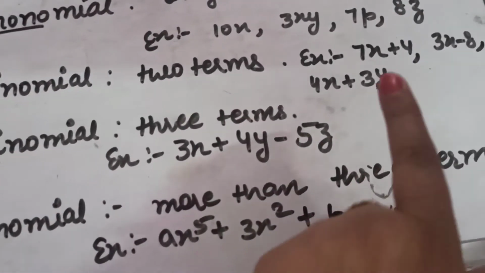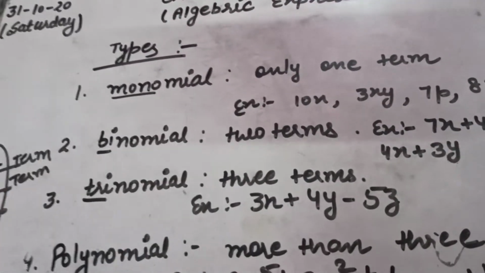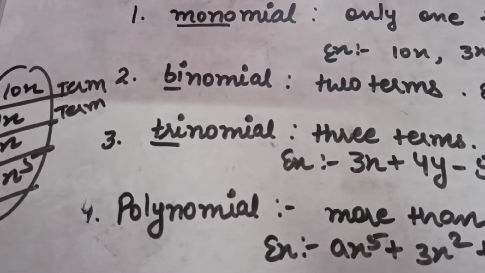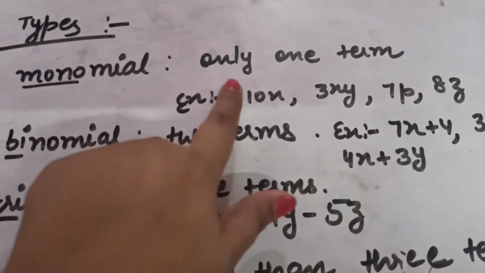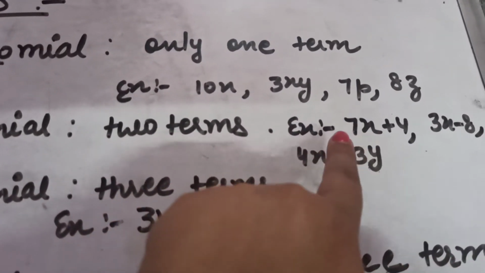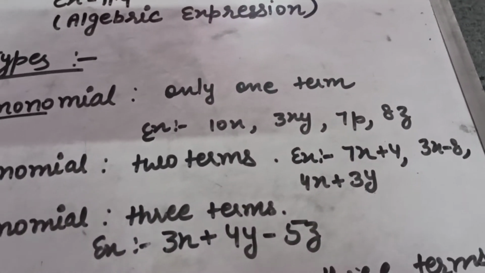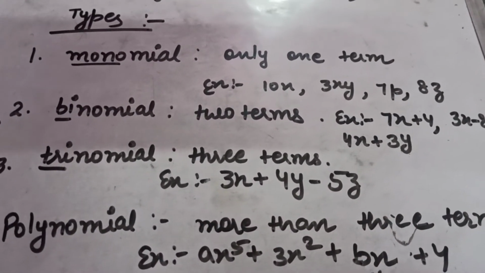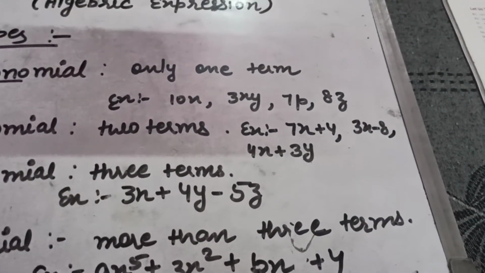When they attach with another variable, it is known as an expression, but before that, the single one is called a term. So in this, the term is 1 and that is 10x. In this, there are two terms, 7x plus 4. So 2 are 7x and 4. Same for trinomial, in this 1, 2, 3. How many terms are there? 3. In polynomial, 1, 2, 3, 4 terms.